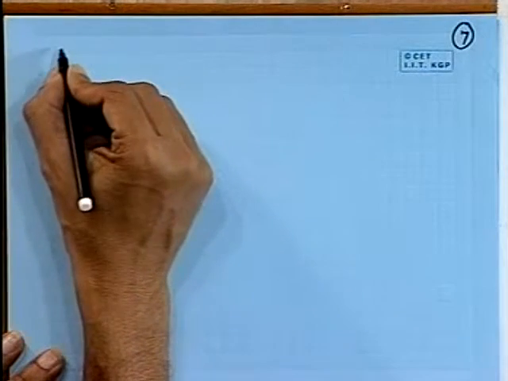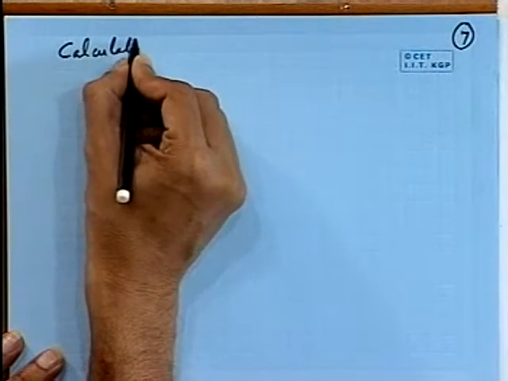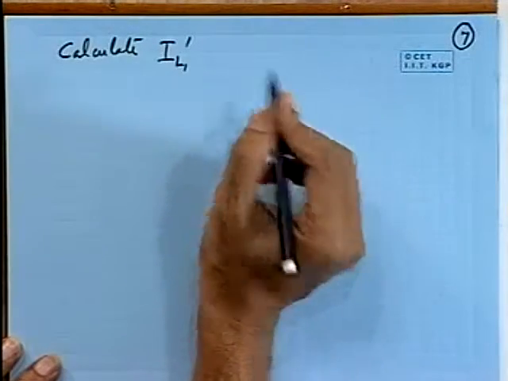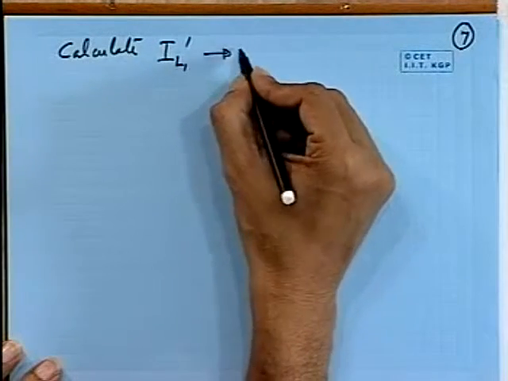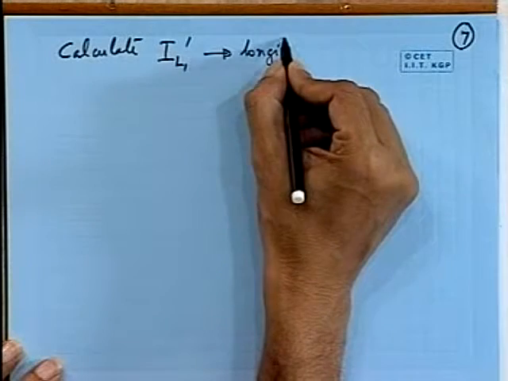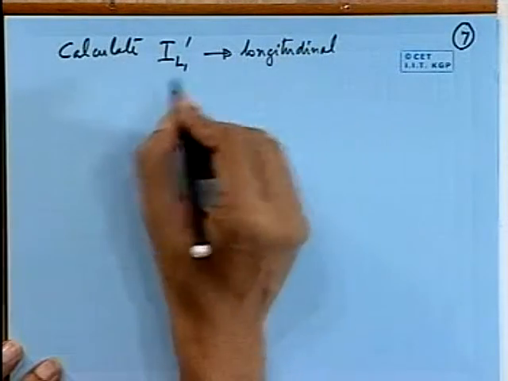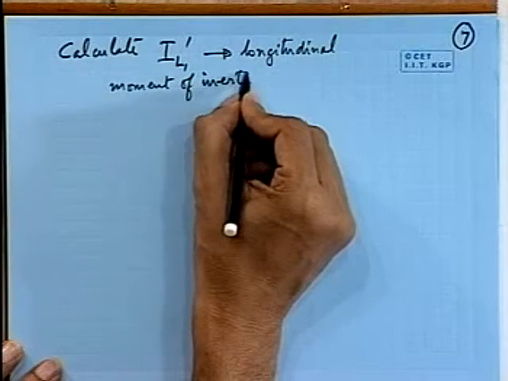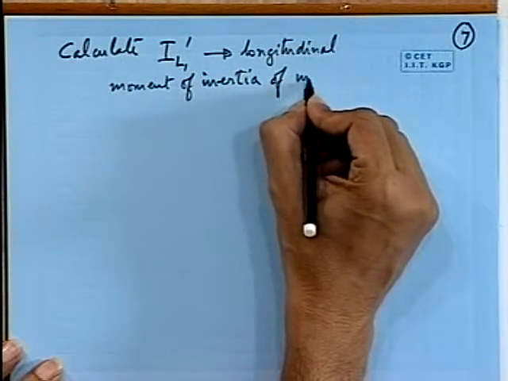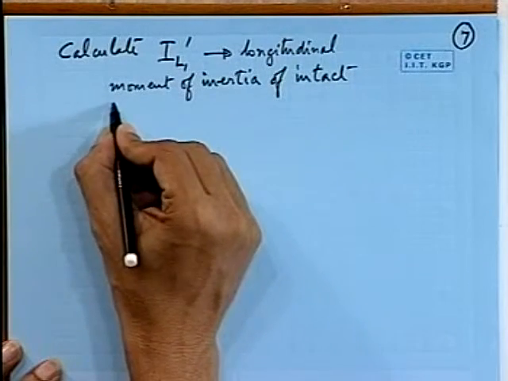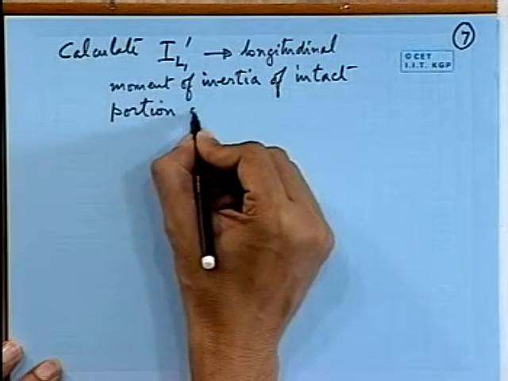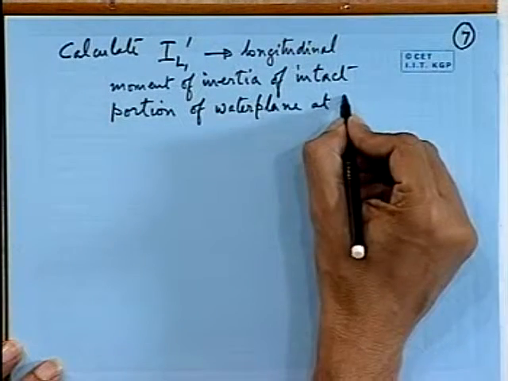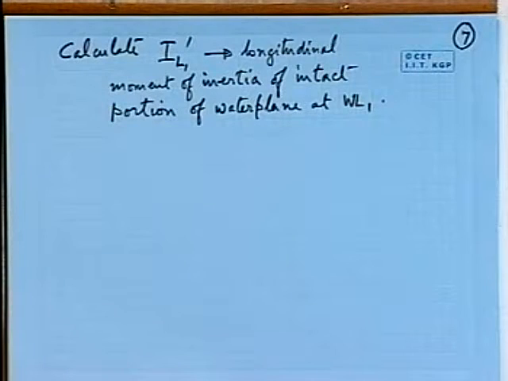So we have to calculate IL1 prime, the longitudinal moment of inertia of the intact portion of the water plane at WL1.